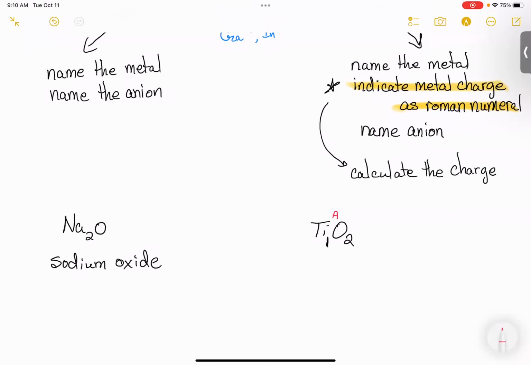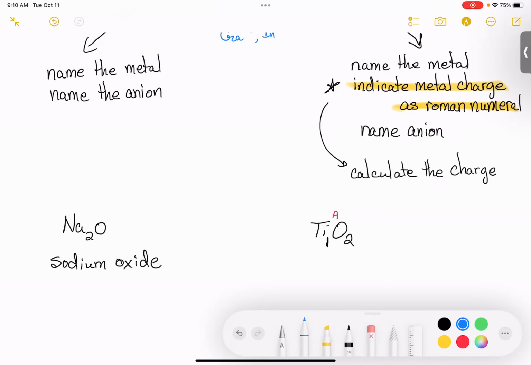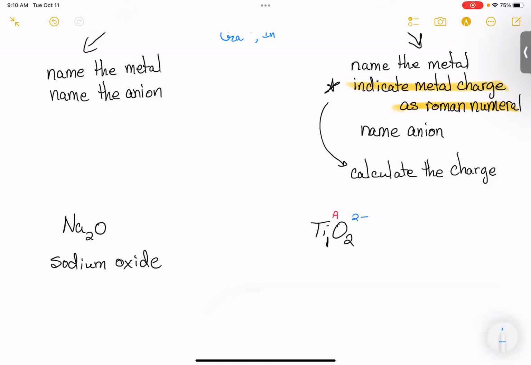That variable is saying, I don't know what the charge is, so I'm going to give it a variable A for the charge right now. But do we know the charge on the oxygen? Yes, it's group 16. Group 16 is always a 2 minus.